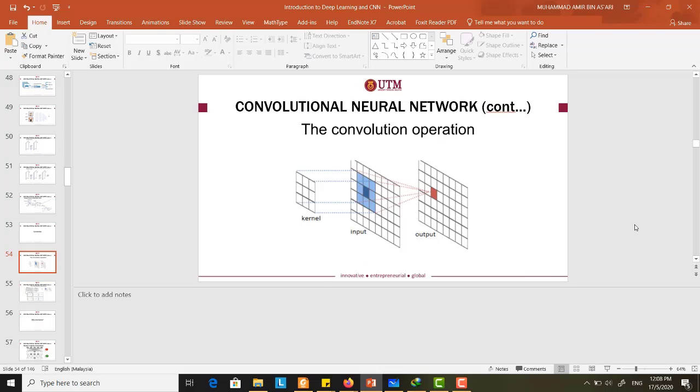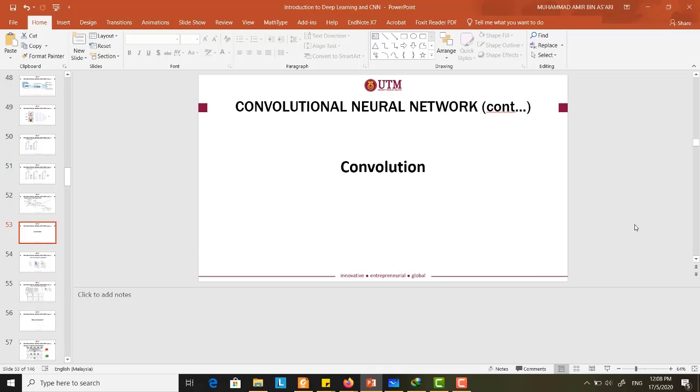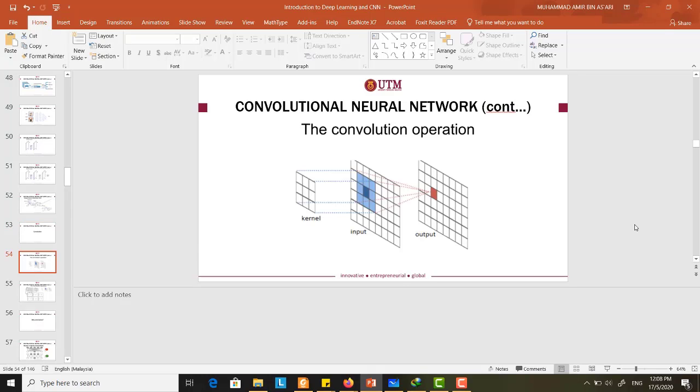Okay, as you can see here, this is how the convolutional operation works. I took this from an image processing book, so it is not properly aligned and suitable to be used here in AI.